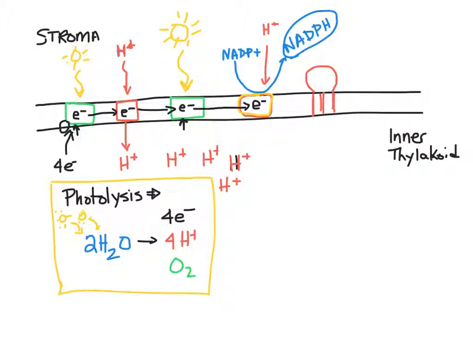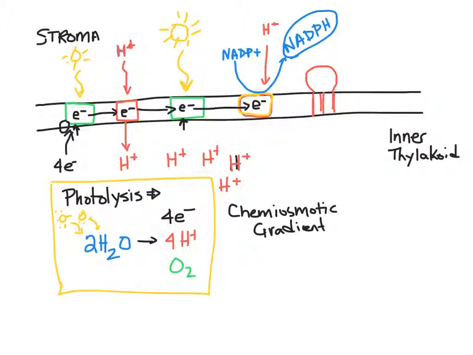So you have what's called a chemiosmotic gradient. Okay, so now you've got this chemiosmotic gradient. You've got the electrons being fed through, forming NADPH.